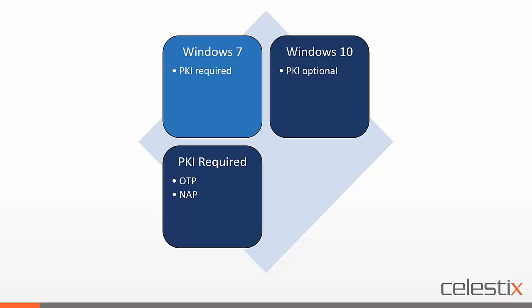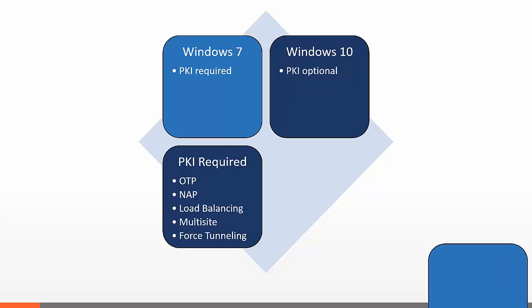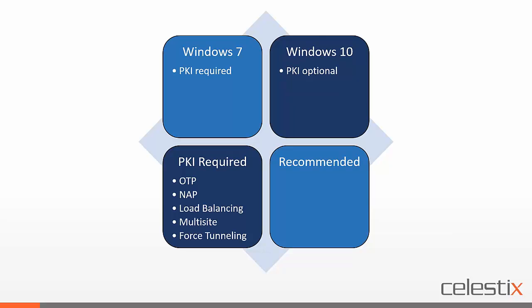If you want to support NAP integration, you must have a PKI. Same is true for load balancing and multi-site. So although Windows 10 does allow you to reduce, and force tunneling as well, although Windows 10 does allow you to potentially deploy DirectAccess without a PKI, it's still recommended in terms of providing the best security and the most flexible deployment.